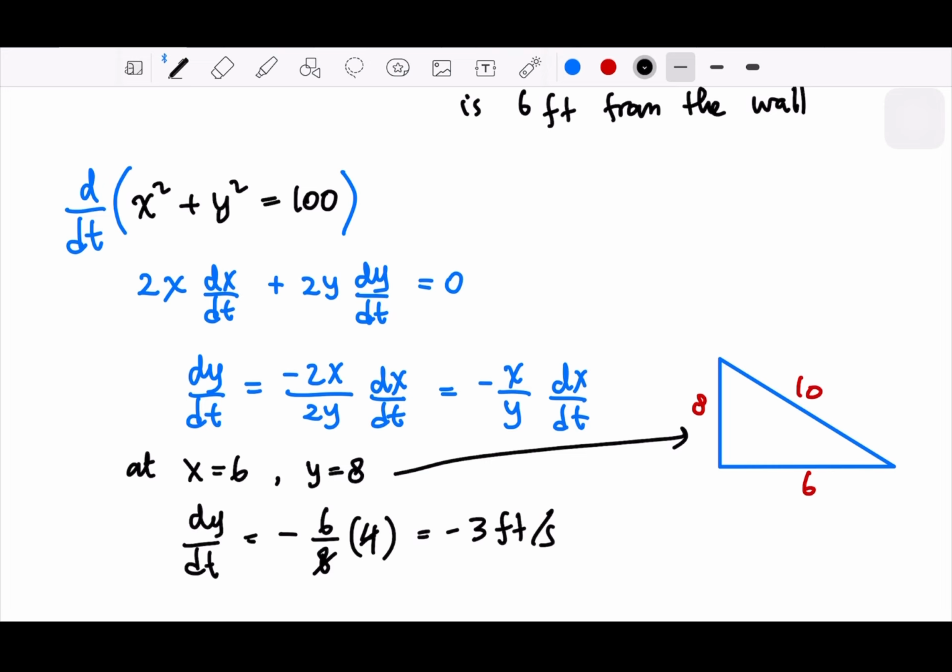So the key for related rates is, first, you need to understand the problem. If the question seems not clear, you can pinpoint or mark some words that confuse you.